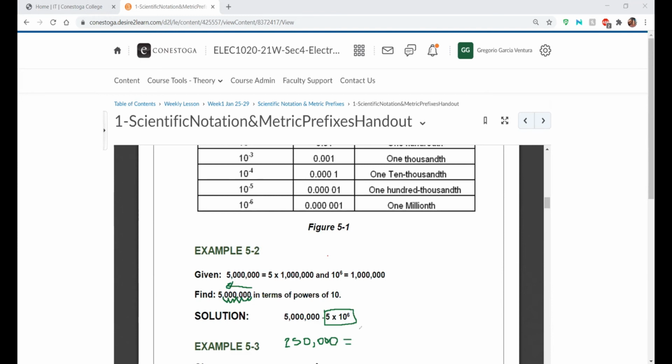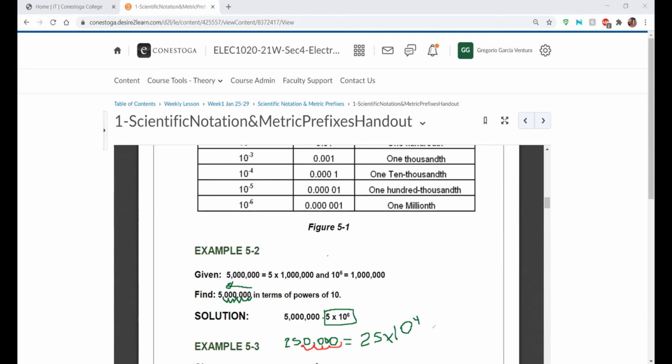If I decided to write 25 times something, how many spaces do I have to skip my decimal point to get to 25? Well, 1, 2, 3, and 4, right? So I say that I have 25 times 10 to the 4. That number is expressed as a power of 10.